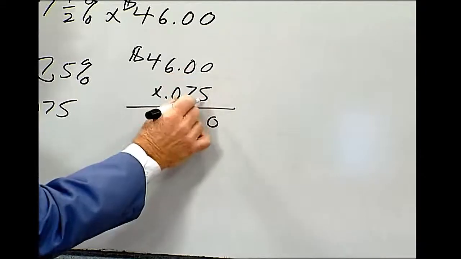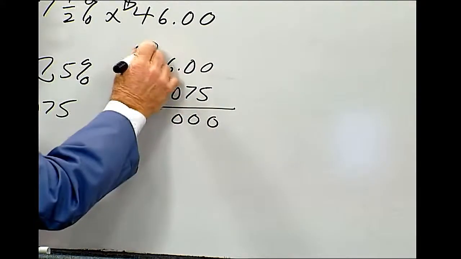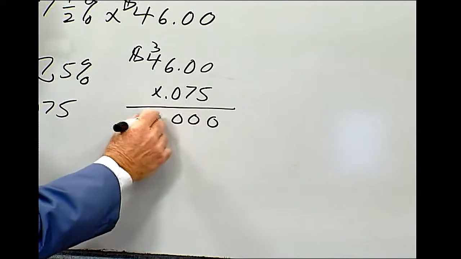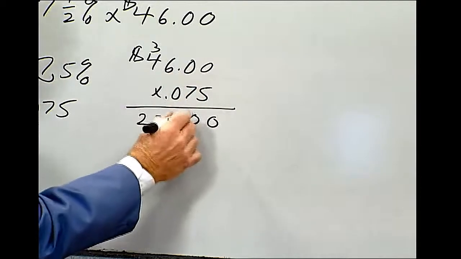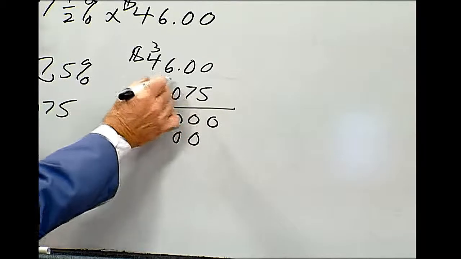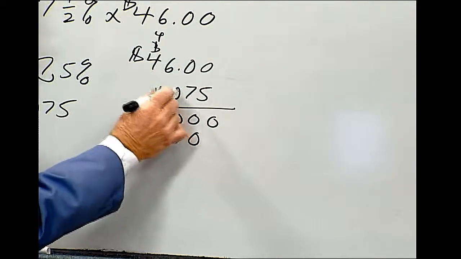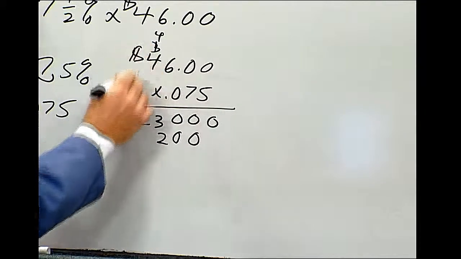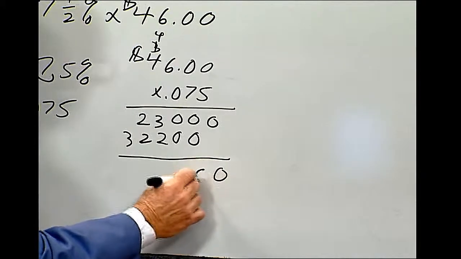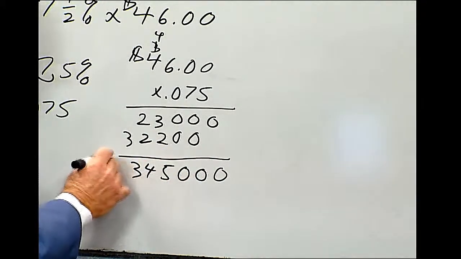5 times 0 is 0, 5 times 0 again is 0. 5 times 6 is 30. 5 times 4 is 20, plus 3 is 23. 7 times 0 is 0. Again, 0. 7 times 6 is 42. 7 times 4 is 28, plus 4 is 32. 0, 0, 0, 5, 4, 3.